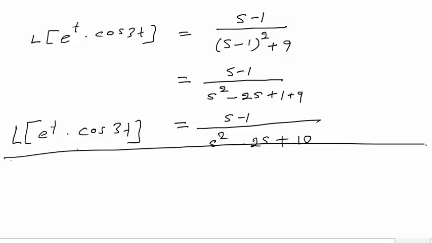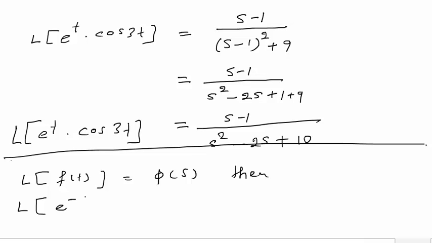Again we see the definition of the first shifting theorem. So we remember, if Laplace of f of t is phi of s, then Laplace of e raised to minus at into f of t is equal to phi of s plus a.